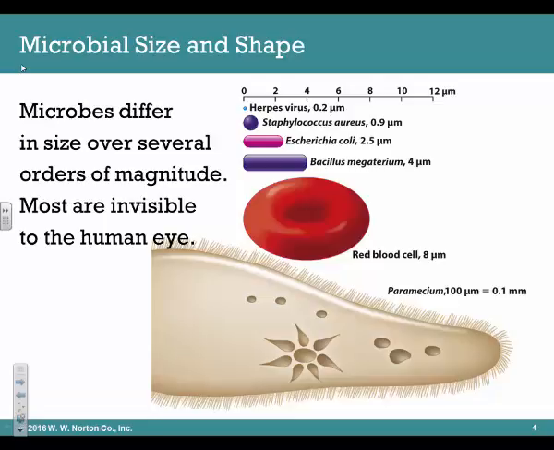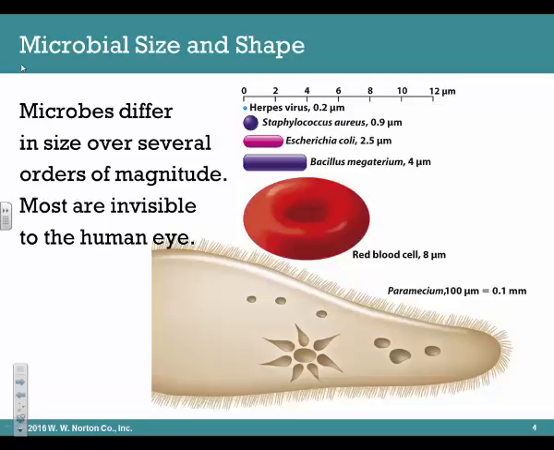So 1 micrometer is 1 times 10 to the negative 6th meters, or 0.000001 meter, and 1 meter would be 10 to the 6th power micrometers. So they're very, very tiny units of measurement.